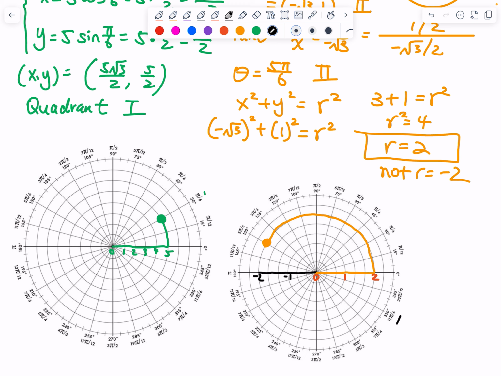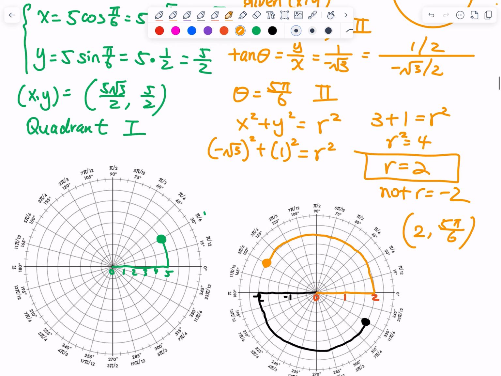That will be right here. You have to go to the opposite side, which is not in quadrant 2. So that's why this is the only correct answer: r equals 2, theta equals 5 pi over 6. That is the only correct answer.